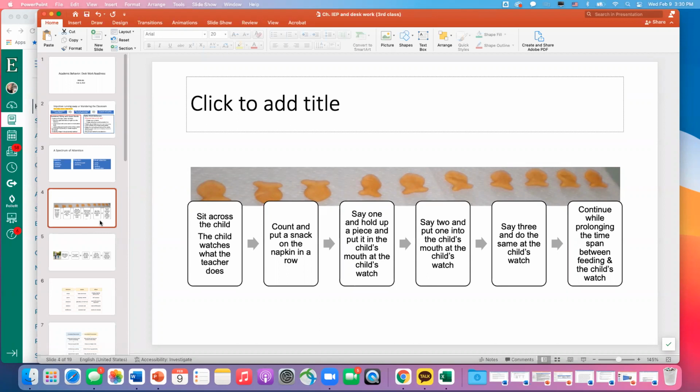In the beginning, when you meet the child the first time, you have some small goodies. You already talk to parents, and parents could bring the child a favorite snack. Okay, as soon as you see the child, hi John, it's good to see you, and then put one snack piece into the child's mouth.